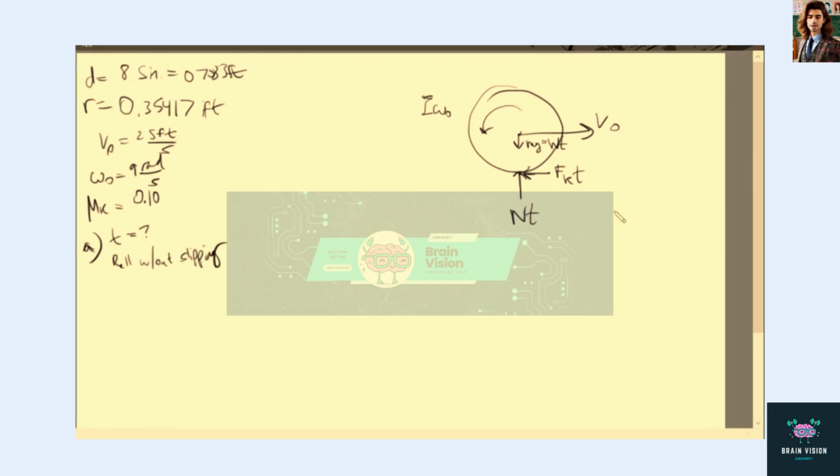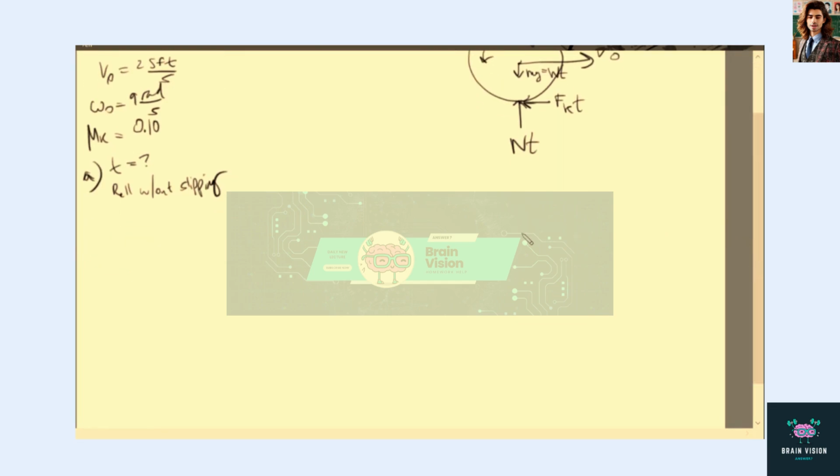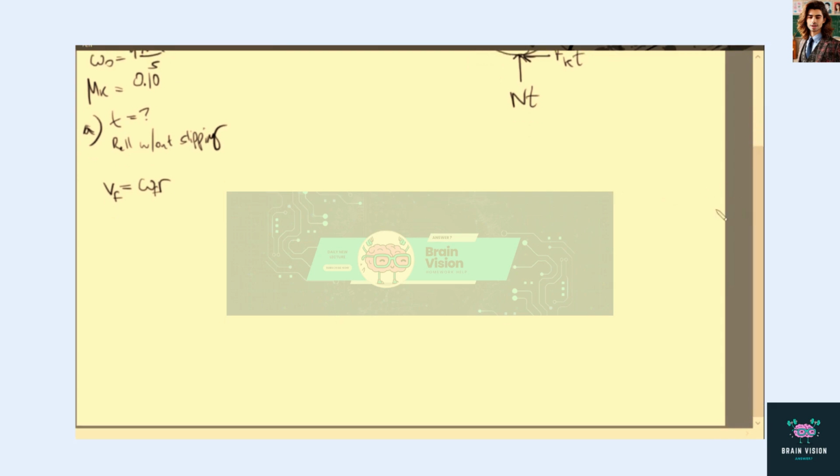For the ball to be rolling without slipping, there is an equation that determines that situation: V is equal to omega times R. So the final V is going to be equal to omega final times R. So let's analyze the components in the positive y direction.